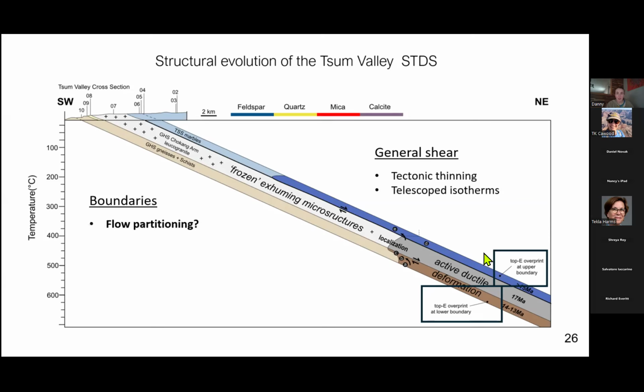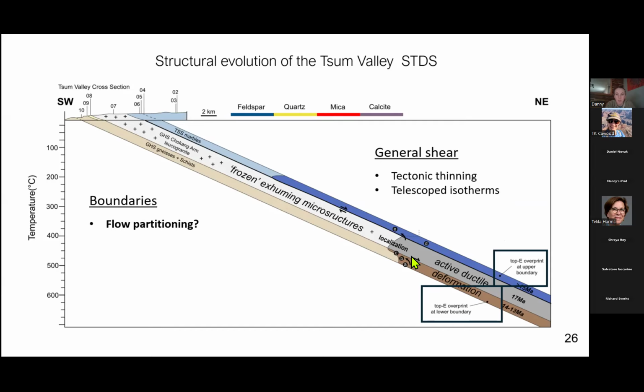First is that the top east flow represents strain partitioning during a single South Tibetan Detachment System shearing event. While some variations in simple shear component indicate that some strain partitioning was occurring, we see that just generally throughout the shear zone we have both important components of pure and simple shear.